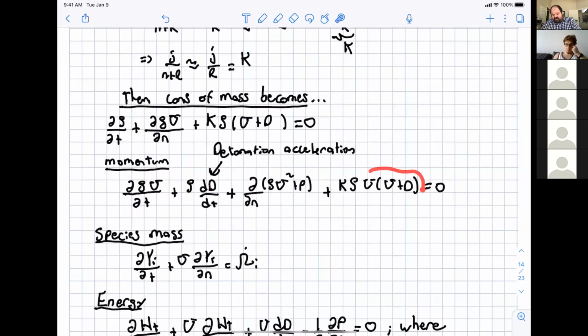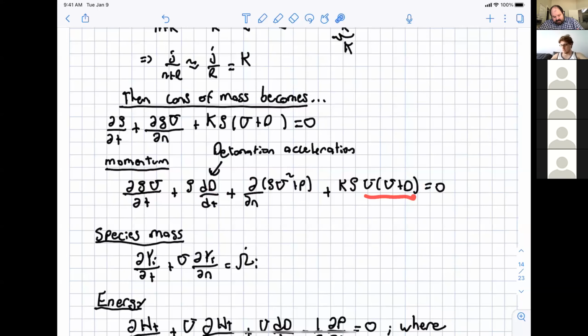And then there is also the curvature term that is induced by the curving of the streamlines behind the detonation front. Again, we are assuming that the length of the reaction zone is so small that the curvature effect is basically defined by the shock itself and is held constant.